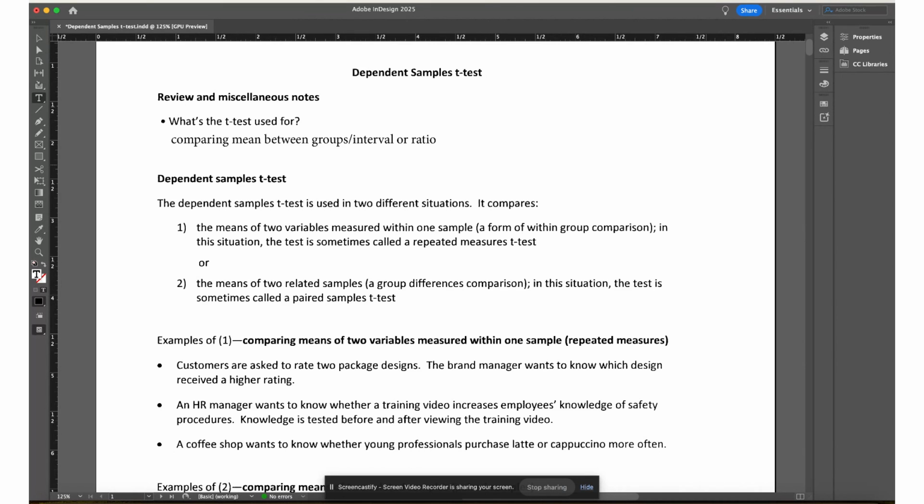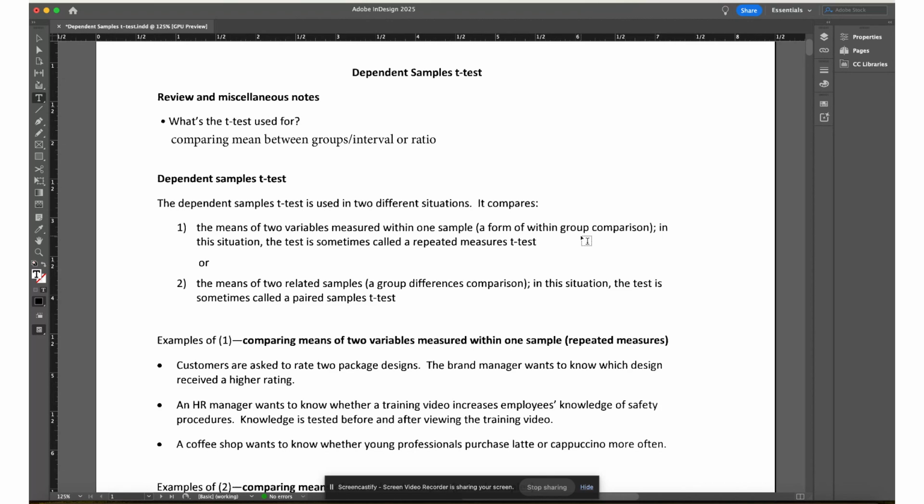So here we go. As I mentioned, we have two different types of dependent samples t-tests. The first situation would be for a within group comparison kind of research question. And in this case, it's not really that we're dealing with two different groups.